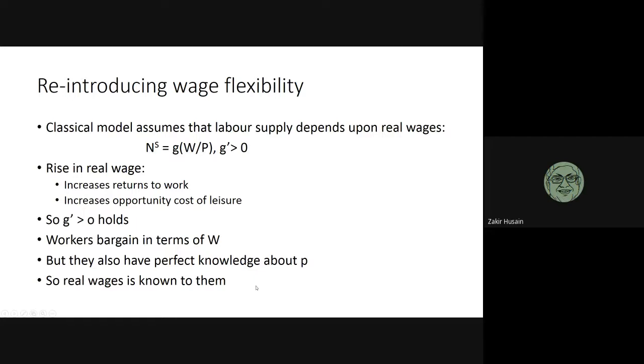Think about it. You know what real wages are, and that is your decision making variable. So is it clear that they may bargain in terms of money wage, but actually they are focusing on real wages?